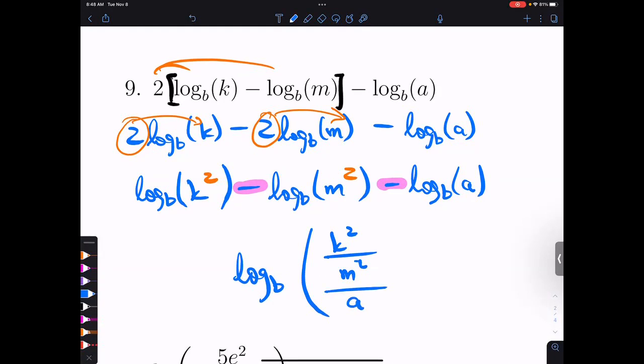But that compound fraction thing is weird. When you're dividing by a thing and then dividing by another thing, it's equivalent to just write it as one division, where all the stuff you want to divide by is in the divisor, so it's in the bottom. So this is K squared divided by M squared and also divided by A.